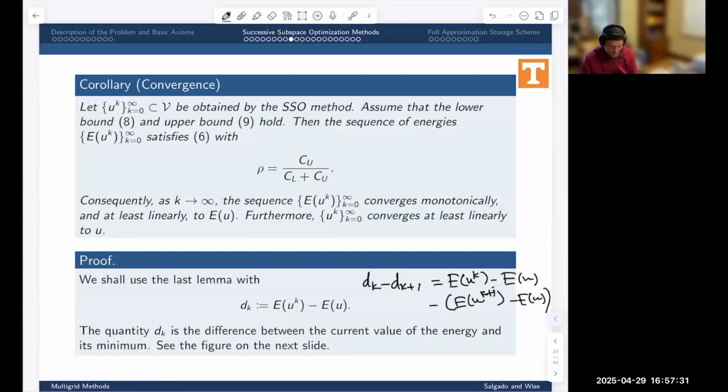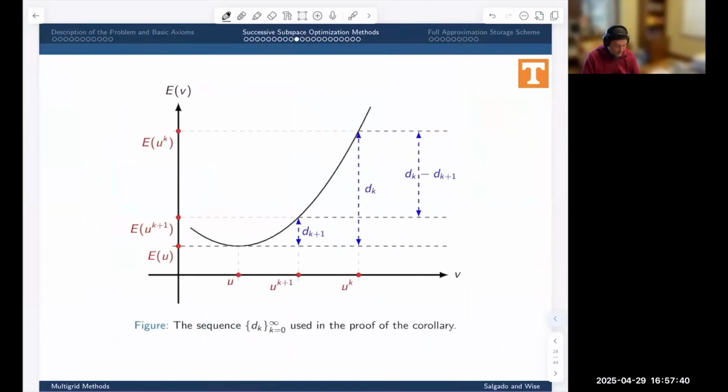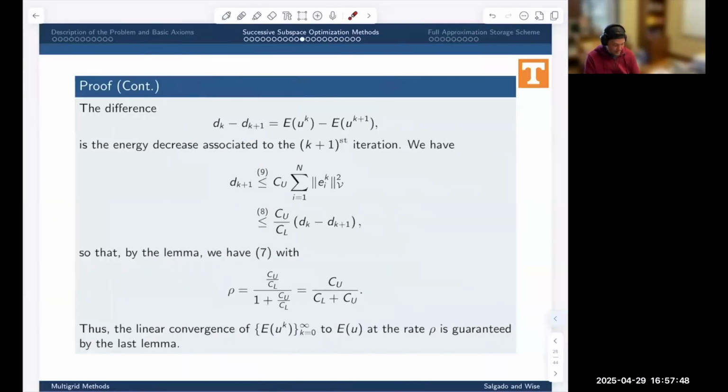Then you see right away that E(u) cancels, and you just get E(u_k) minus E(u_{k+1}). Of course, you could have seen that from the figure, as it's just the difference of those two energy values. So what is that value? That's the energy decrease associated with the (k+1)th iteration.